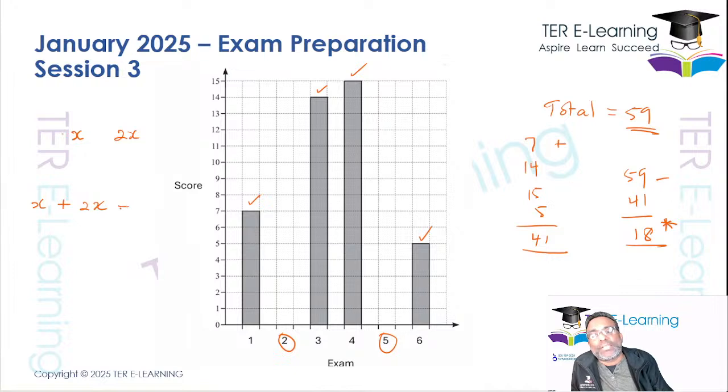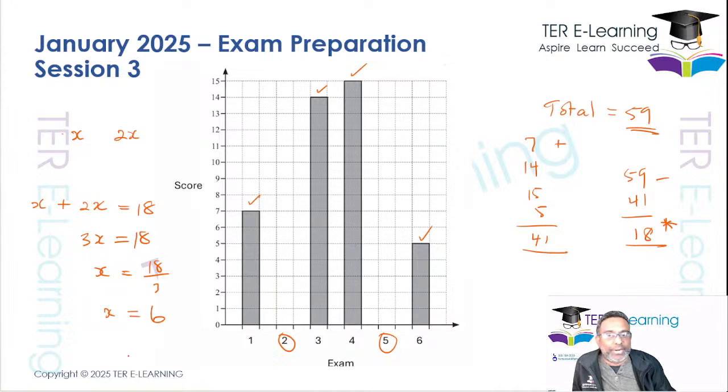So this here is going to equal 18. Therefore 3x is equal to 18, so x is equal to 18 over 3. Therefore x is equal to 6.